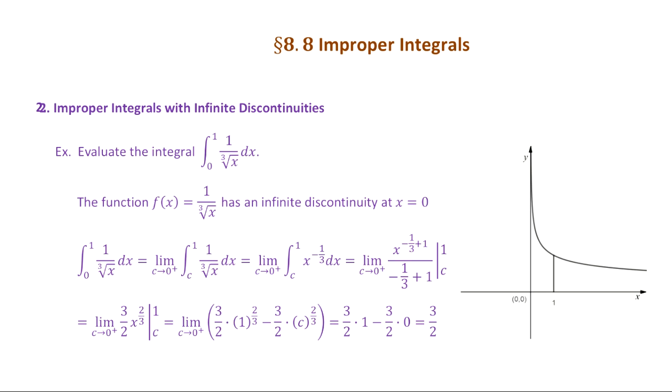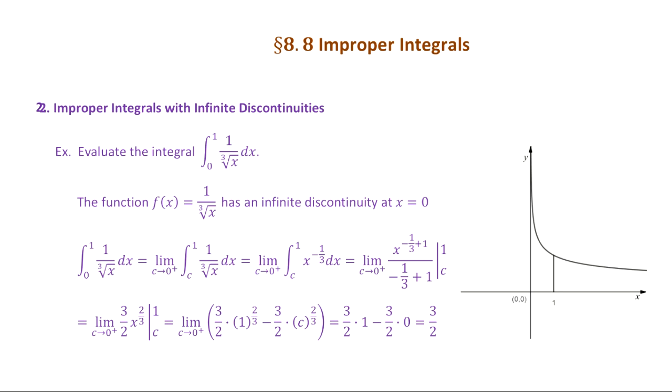So let's do some examples of this second type of improper integrals with infinite discontinuities. We can evaluate the integral of 1 over cube root of x from 0 to 1. Obviously the function f has an infinite discontinuity at x equal to 0. It has a vertical asymptote at x equal to 0. If you plug in 0 for x in 1 over cube root x, it doesn't make sense. It's undefined.